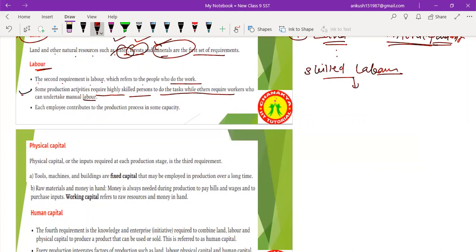Because nowadays all the units established there are run by machines. And to operate these machines, we need skilled laborers, or trained laborers. Understood? Those who are trained may operate the machines. Are you getting it?